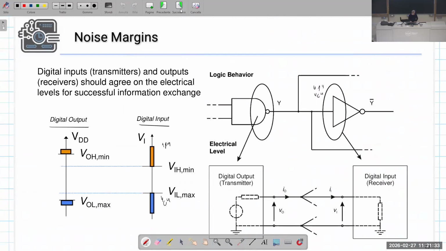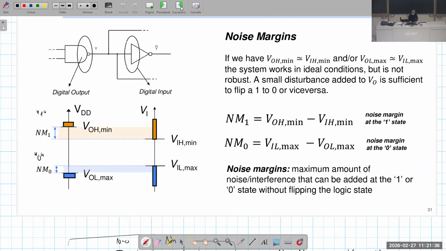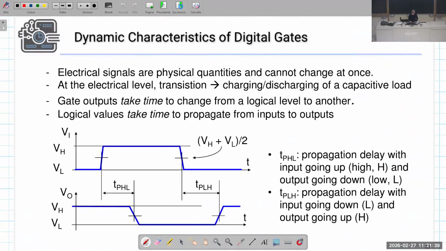So, that's it for what concerns the static electric characteristics of digital gates. Actually, I had in mind at least to introduce the dynamic characteristics, but we lost a lot of time in the beginning. So we will go on with this part on Monday. Somebody pointed out that on Friday, you may have a lab in this time slot, from 10 to 11:30.